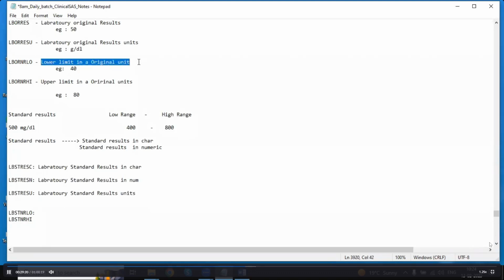Okay, next, lower limit in a standard unit. Upper limit in a standard unit. Okay.